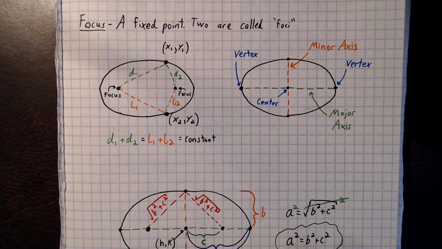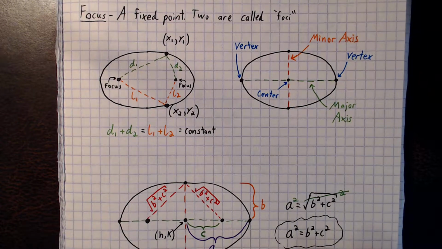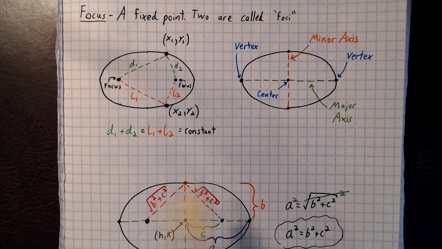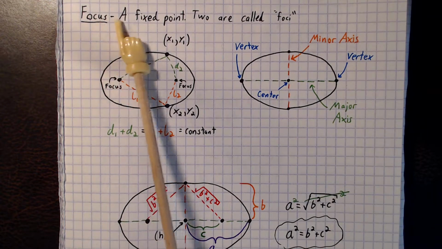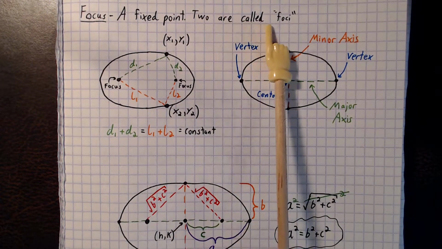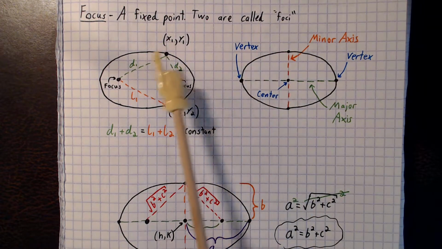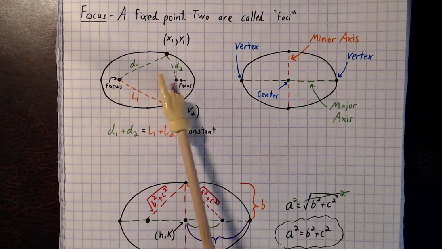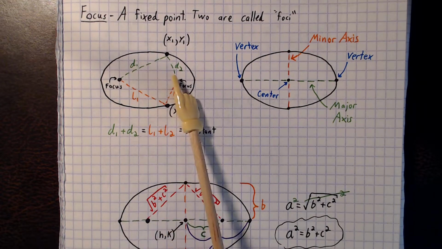You may have seen this shape before, and you might have even called it an oval. It's kind of that general idea. Focus is the fixed points, right? If we have two of them, they're called foci. So we have two distinct points called focus, or foci when we have more than one.